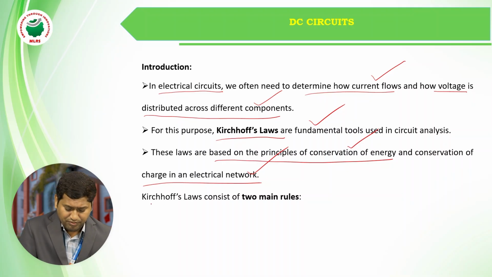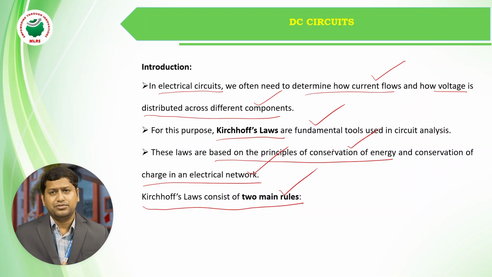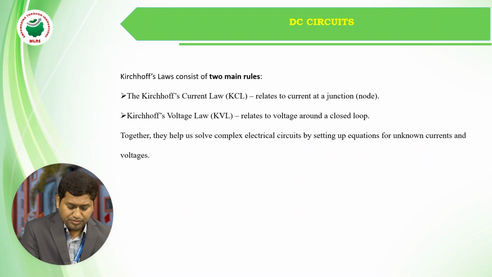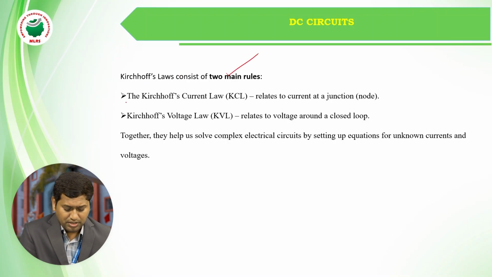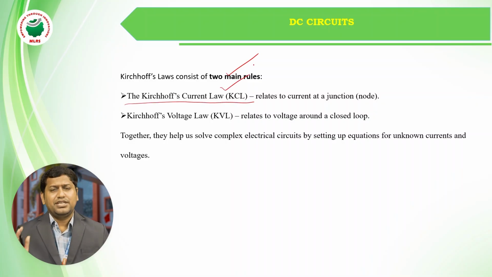Kirchhoff's laws consist of two main rules. The first one is Kirchhoff's current law, which relates to the current at a junction or node.